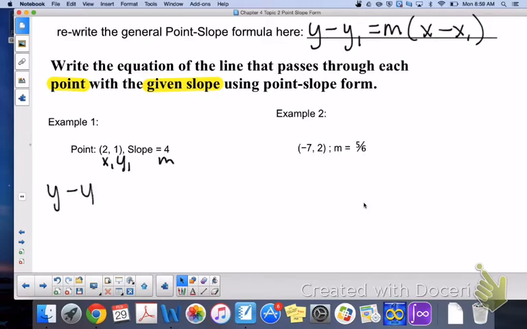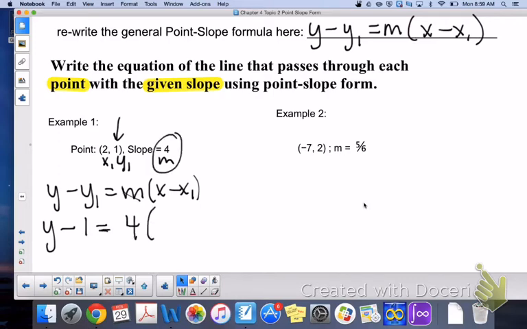So y minus y1, which is 1, equals m, which is 4, times x minus x1, which is 2. And that is it. You'll leave it like that. That is point-slope form.